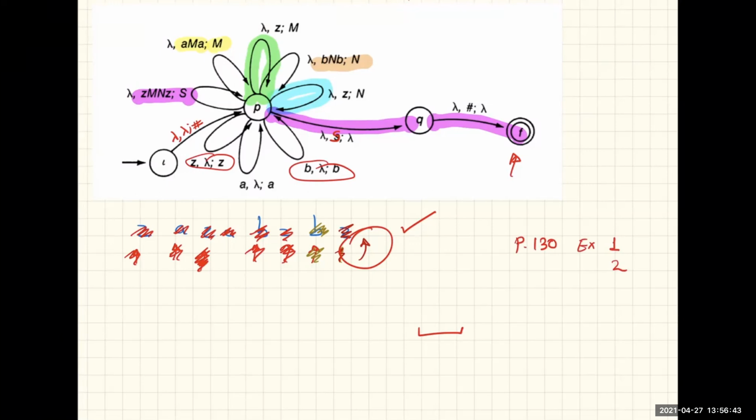And page 118, exercise 3 and 4. That's it. So they are not so complicated. And of course, the more complicated ones, we will do them in class next time.